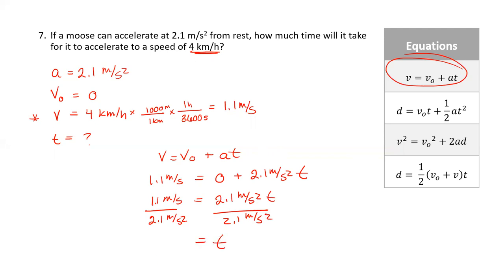Equals time. 1.1 divided by 2.1 is 0.52 seconds, or approximately 0.5 seconds.